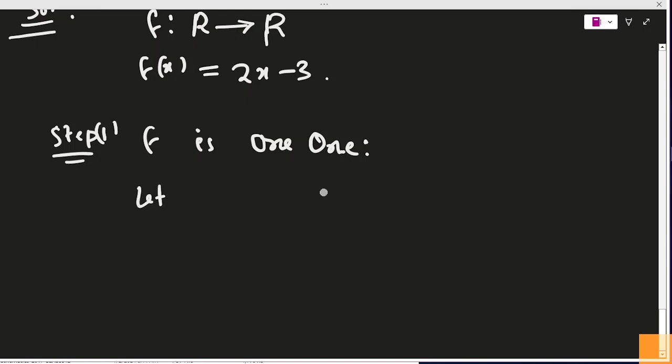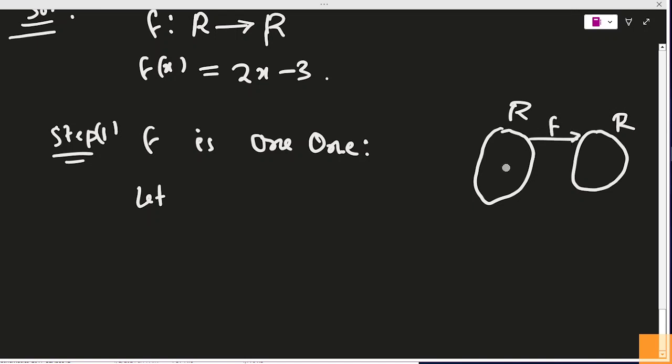तो 1-1 का मतलब क्या है. ये सेट R है, राइट. ये R है, ये भी एक सेट R है. f is a function from R to R. We have to show that every distinct element of R has distinct images.